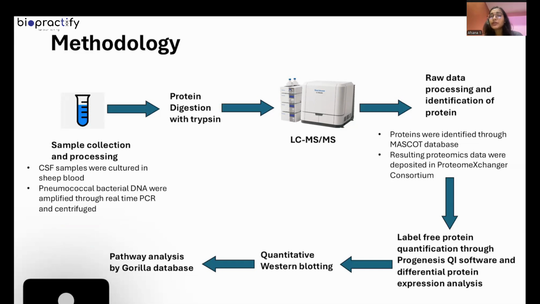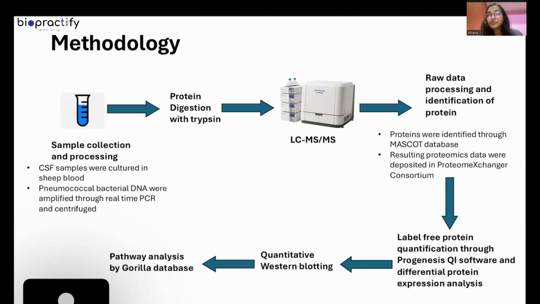The raw data collected from the liquid chromatography mass spectrometry were then processed with the help of different databases like the Mascot database, for the identification of the proteins present in the cerebrospinal fluid. With the help of the Mascot database, different proteins were identified, and the resulting proteomics data were then deposited in the ProteomeXchange Consortium.